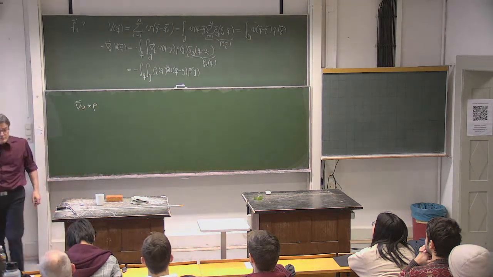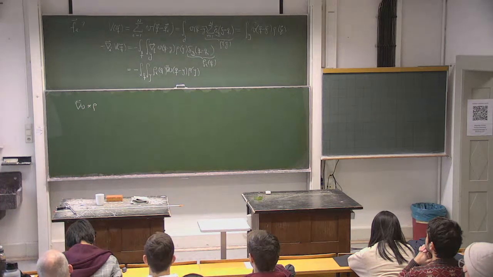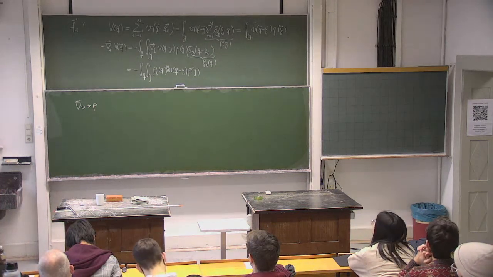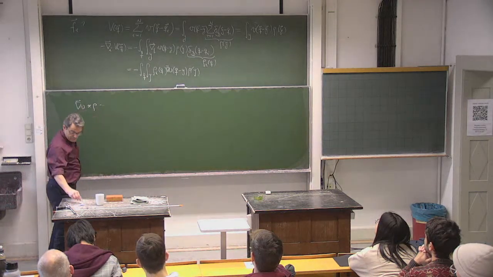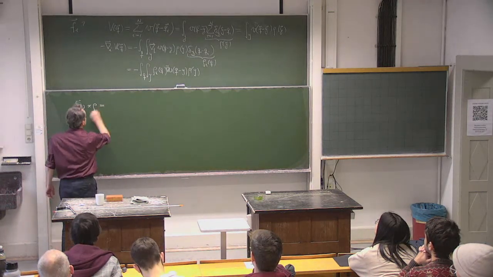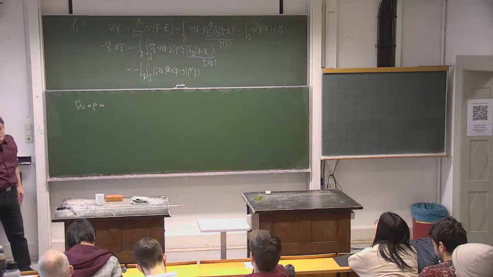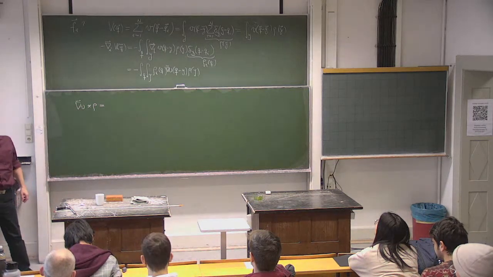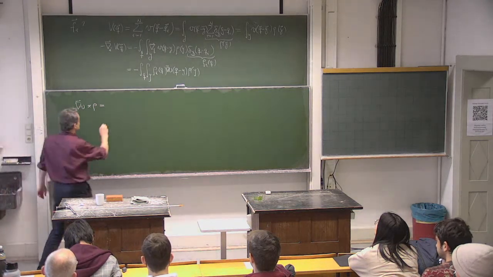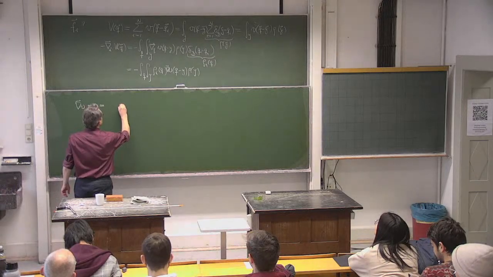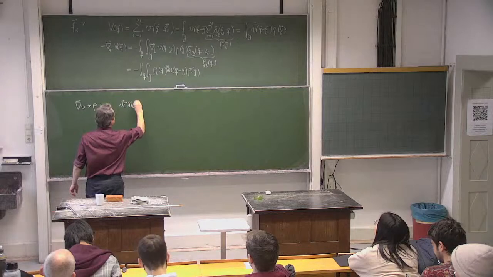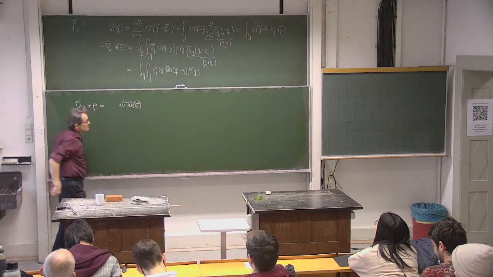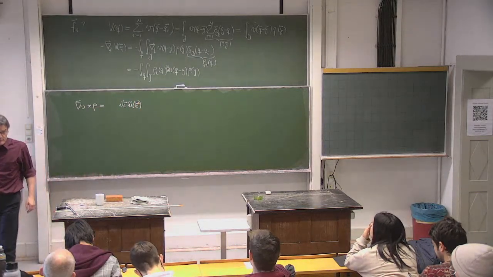I'm going to write this expression as the convolution of the gradient of V and the density. So I know that the Fourier transform of this is the product of the two Fourier transforms. So this would be i times k times the Fourier transform of the potential.